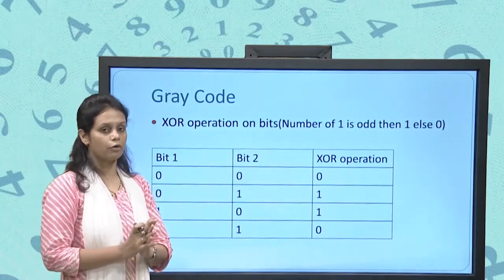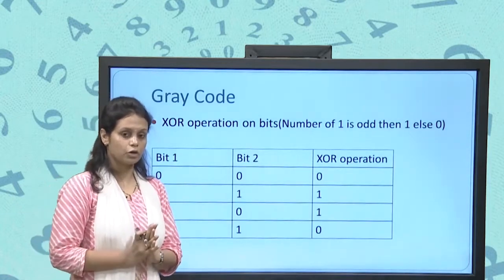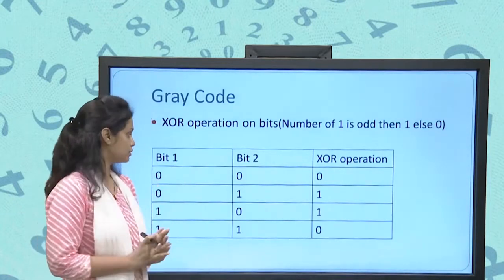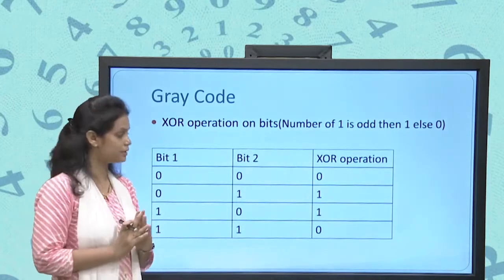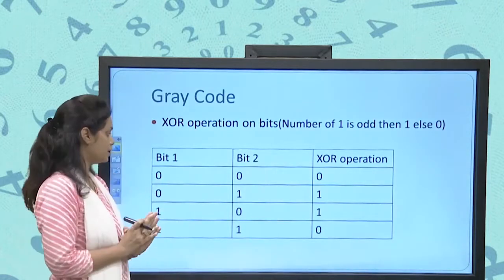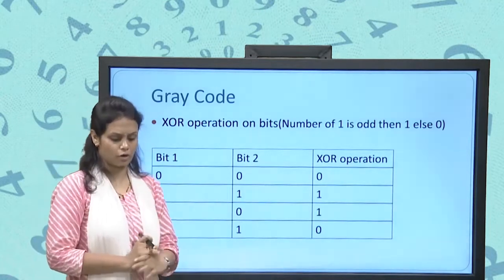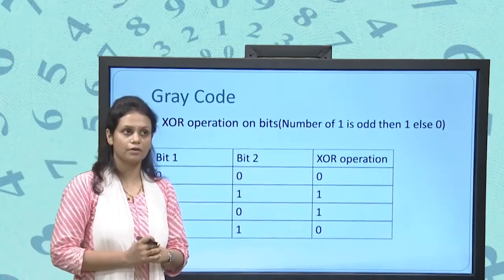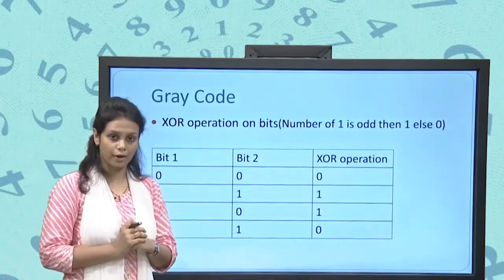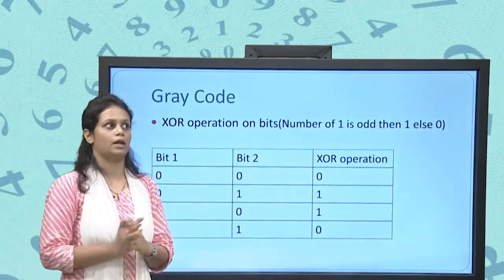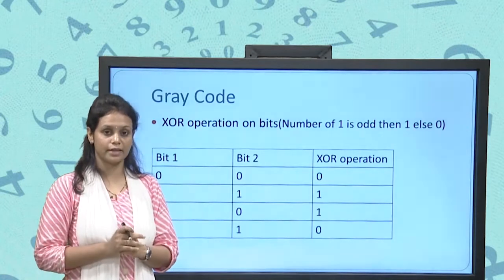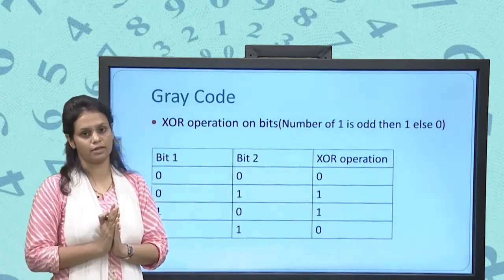Now what XOR will do: if your 2 bits are equal, then your XOR output is 0. And if your 2 bits are unequal, then your XOR output is 1. Or we can say if the number of 1s is odd, then the output is 1, and if the number of 1s is even, then the output is 0.